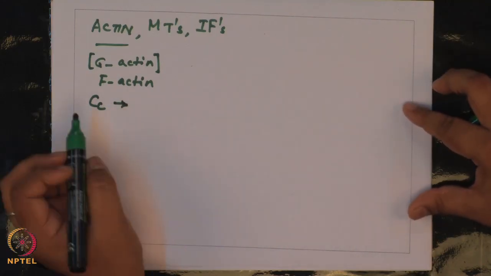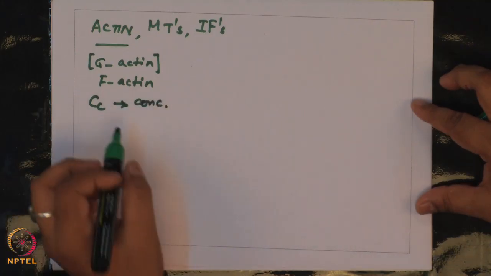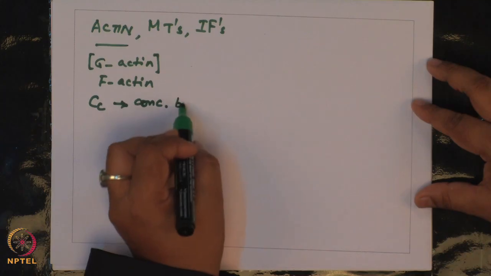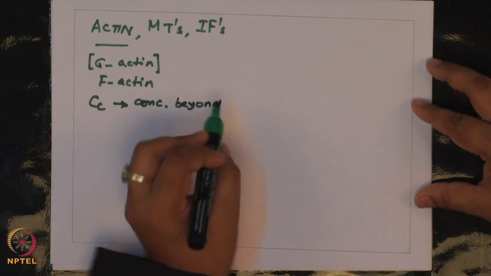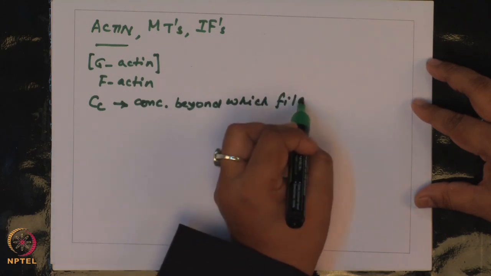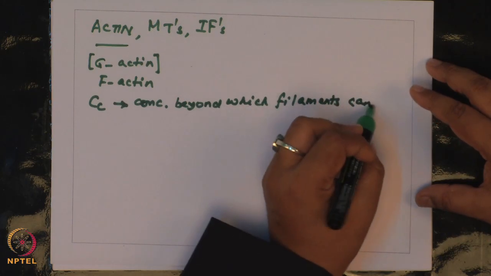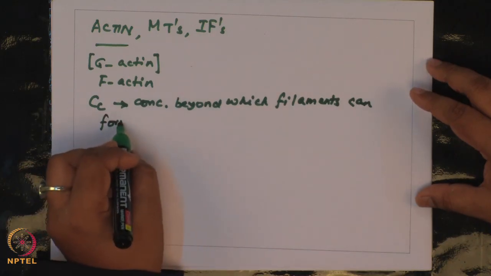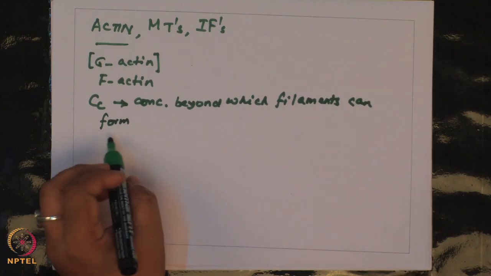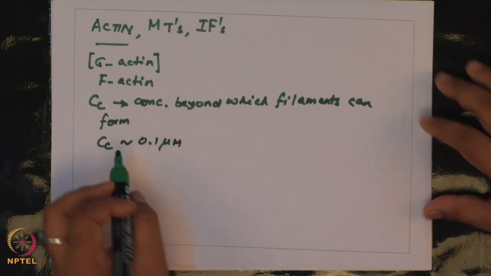Cc is the critical concentration, beyond which filaments can form, and this Cc has been estimated to be of the order of 0.1 micromolar.